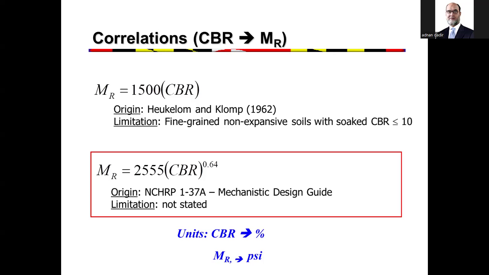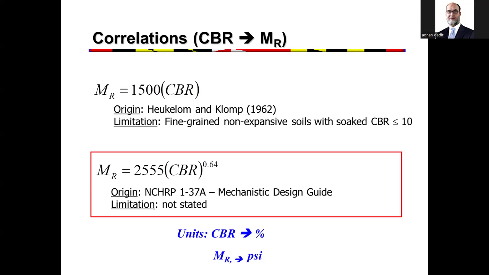So in the National Cooperative Highway Research Program, while developing the mechanistic design guide, they came up with a relation: you multiply 2555 times CBR raised to the exponent 0.64.